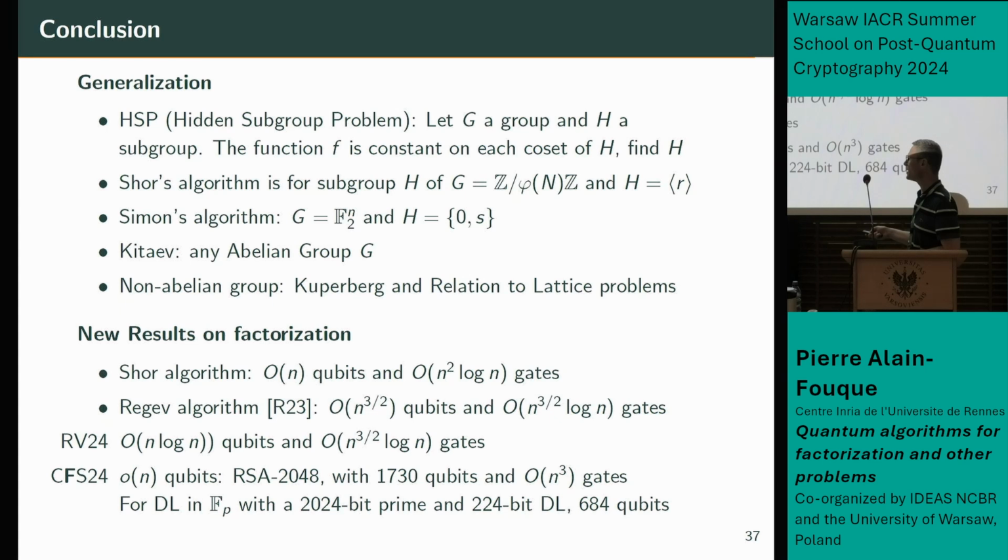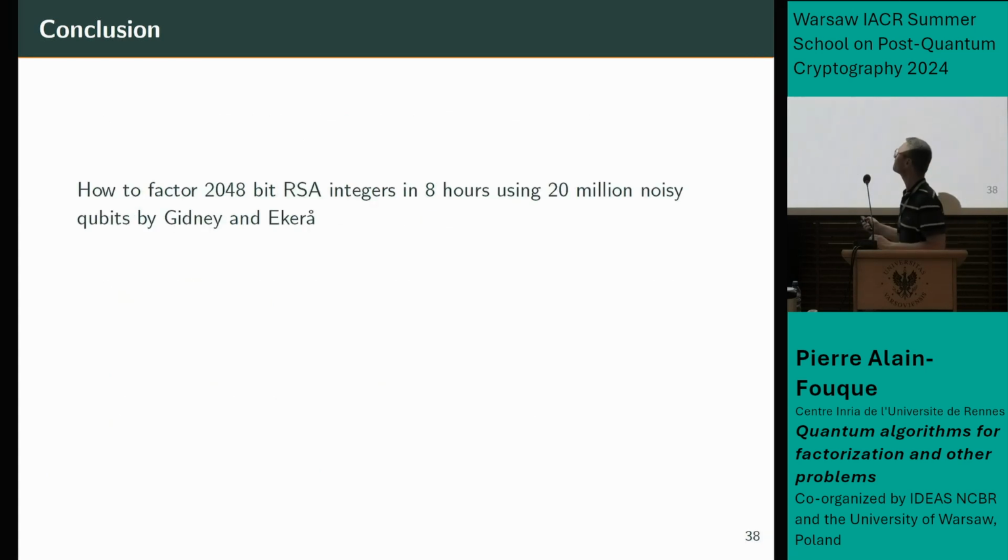We can also adapt it to the discrete log and show that you can really go to O of n qubits. I want to give you some concrete parameters, and there is some constant that is quite large. So this is why this number is not very small. But for the DL case, they can be smaller.